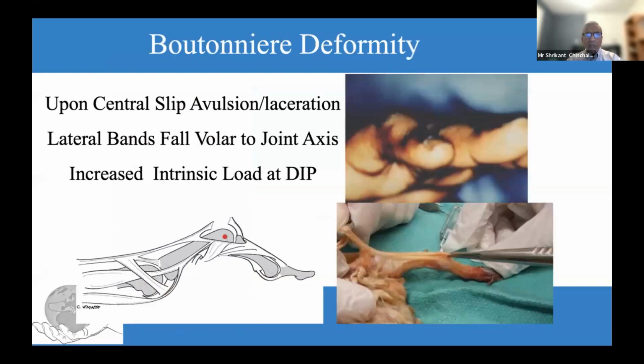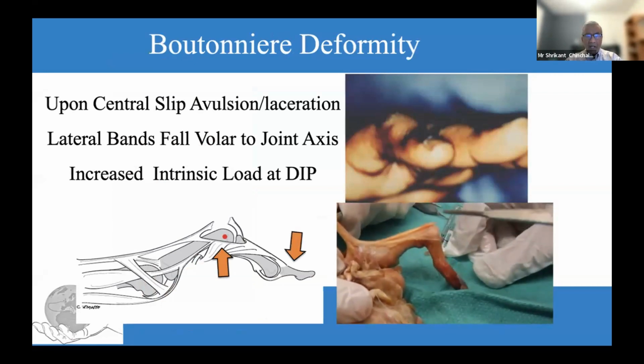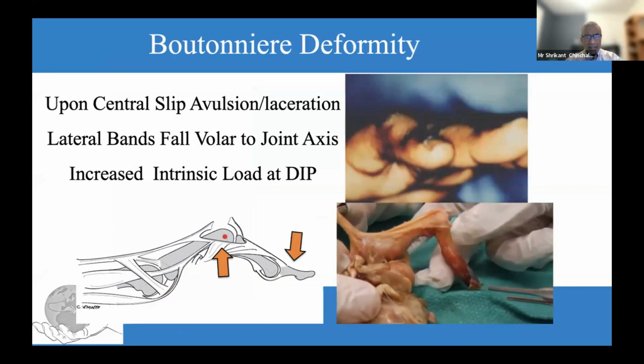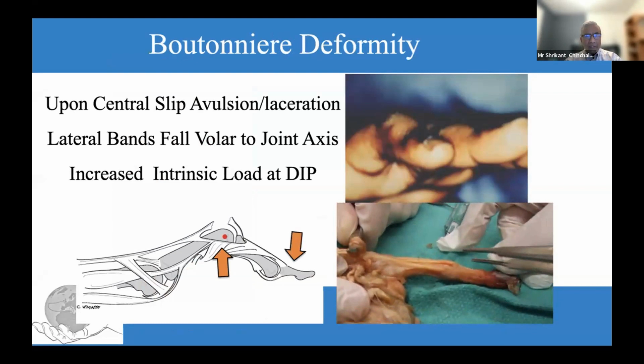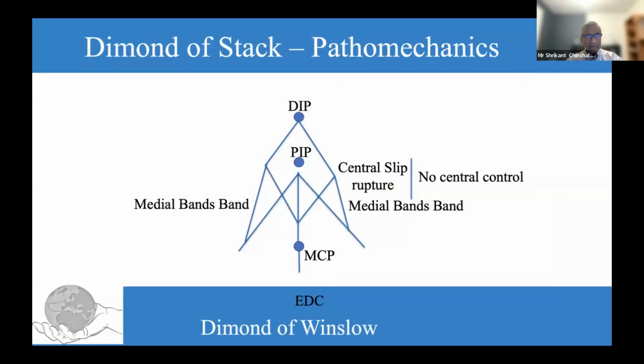So we know that upon central slip avulsion, laceration, or rupture, the lateral bands fall volar to the anatomical axis of rotation. There's an increased intrinsic load acting on the distal interphalangeal joint, and that produces a hyperextension tendency at the DIP joint, and the PIP joint stays in a flexed position.